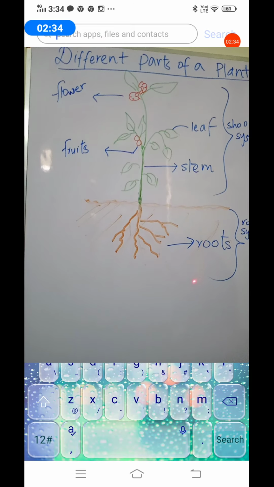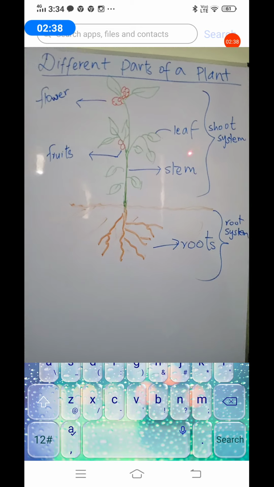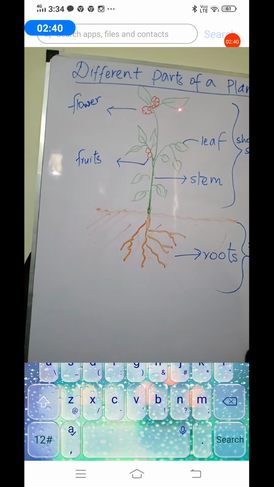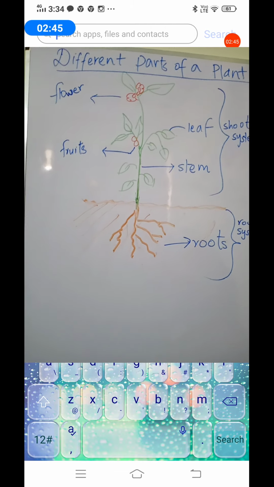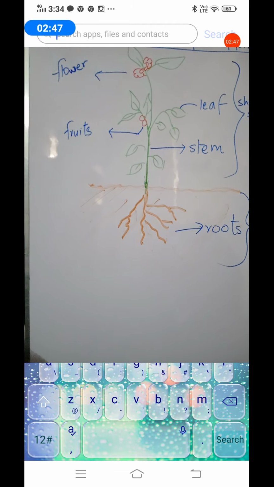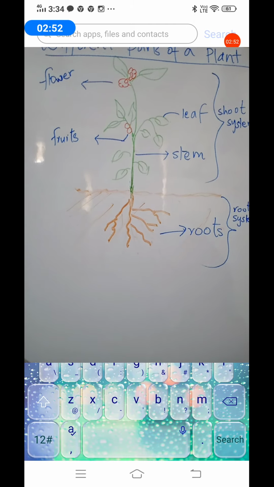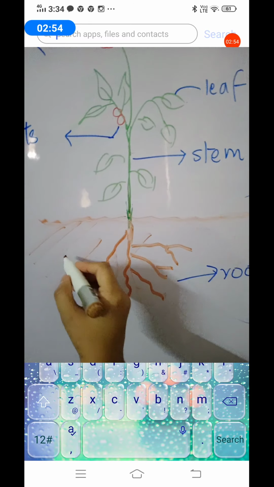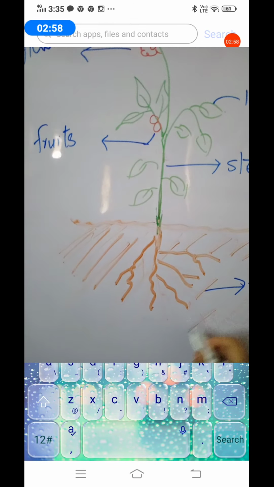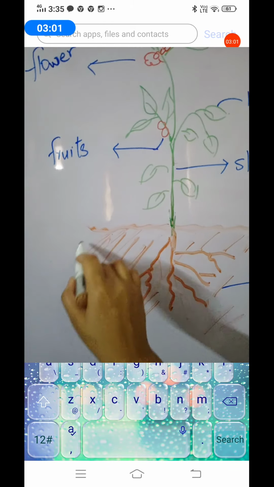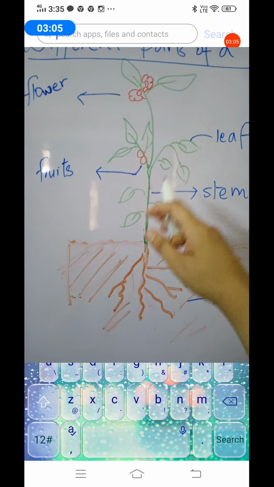Whatever is below the soil is called the root system. Whatever is above the ground or above the soil is called the shoot system. Do you understand the meaning of the word soil? Soil is this portion here, below the earth, right? This area is below the earth, and this area is above the earth or above the ground.